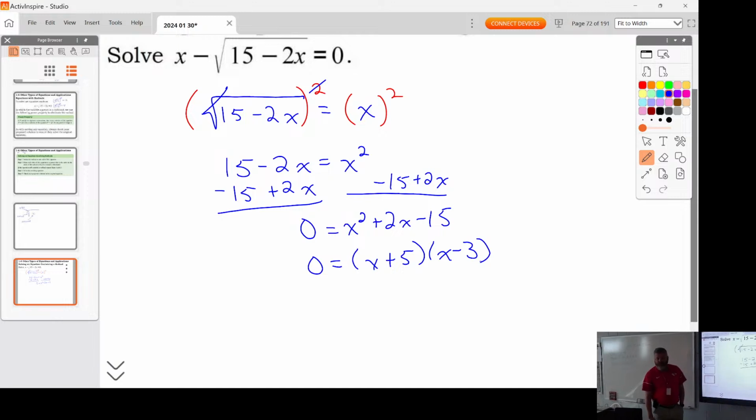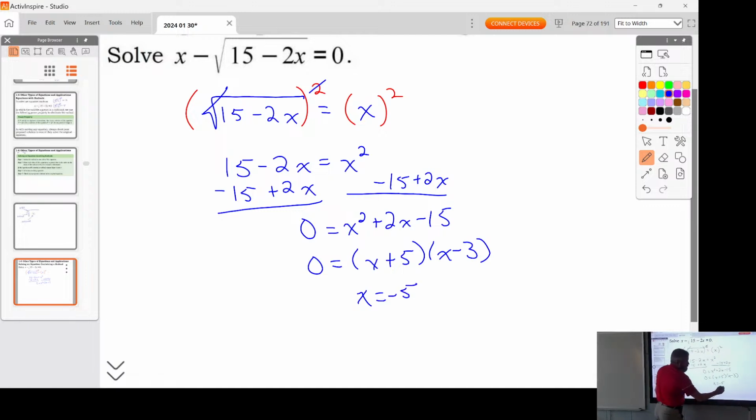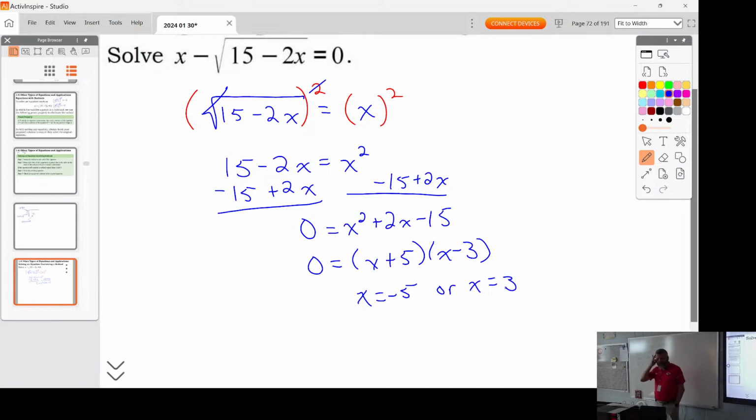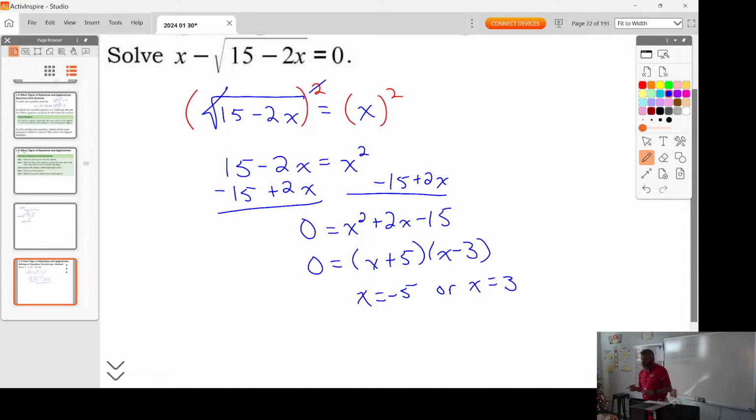Using the zero factor property, x is either negative 5 or x is 3. And I got those answers by setting both of those factors to 0 and simplifying.